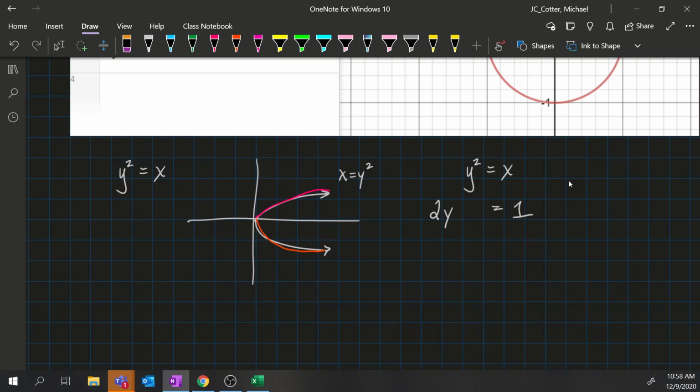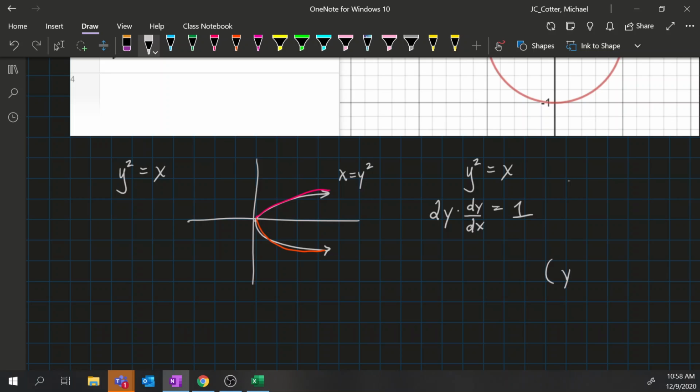Now the chain rule tells us that we have to also multiply by what's inside. So what is the derivative of y? We call that dy dx. So this is going to be 2y times dy dx. Okay, so I know that looks a little weird. Just remember that the derivative of y is dy dx.